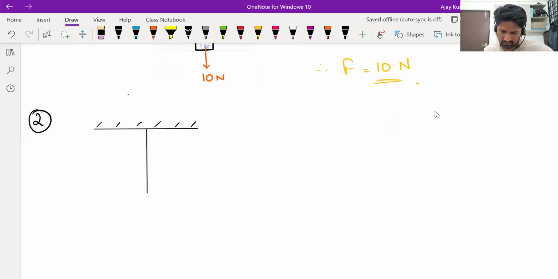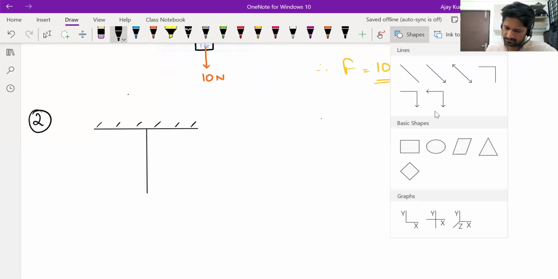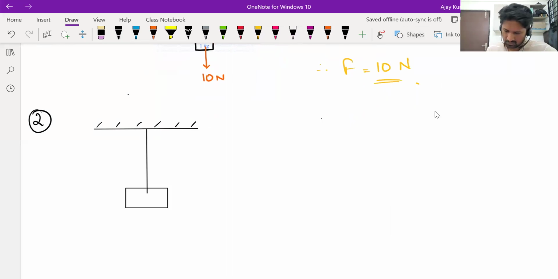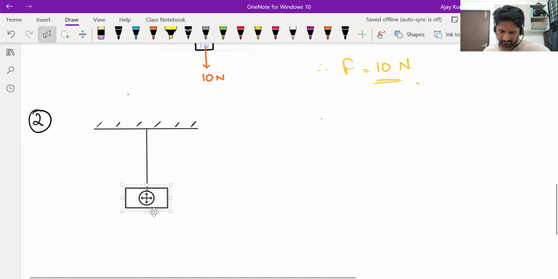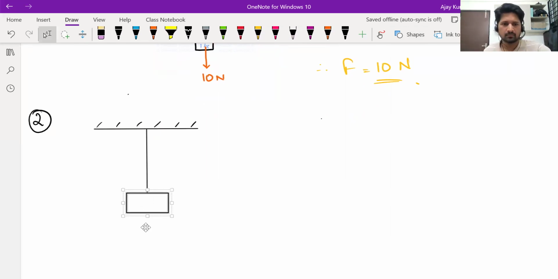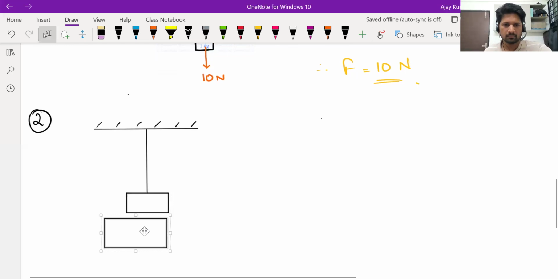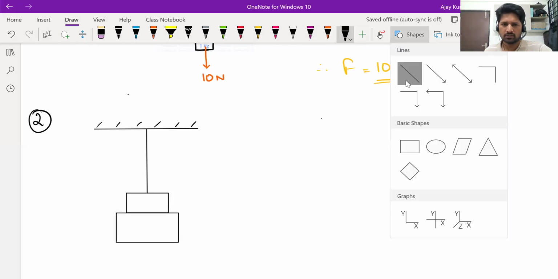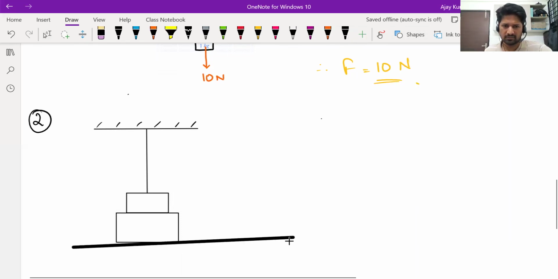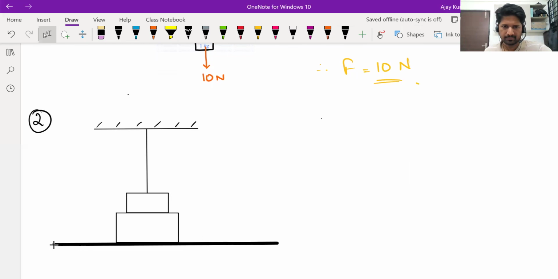Let's say a block is suspended from a rope like this. Okay, I'll give you a system. These two are not stuck to each other. They are just in contact with each other. So this is the situation.